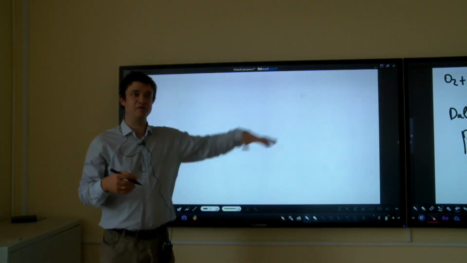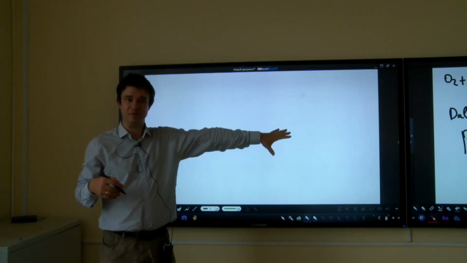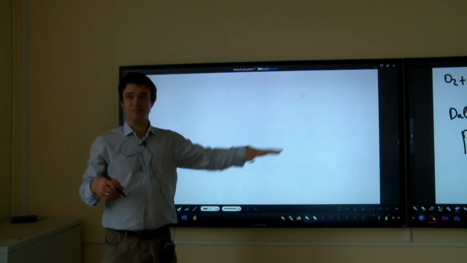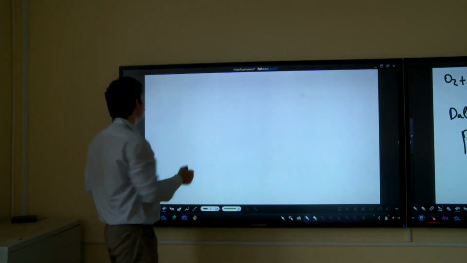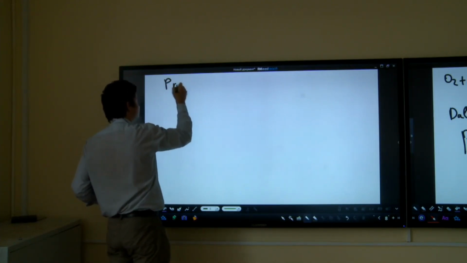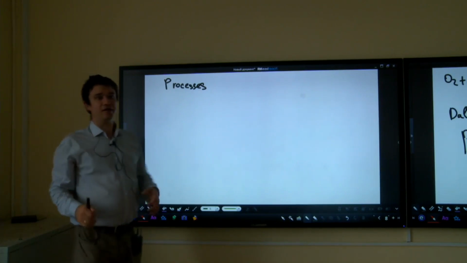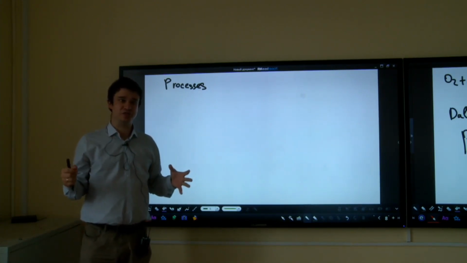So before, we have spoken only about the thermodynamic equilibrium state, which is reached after some time. But what we actually need is to describe a process, any process, the change of conditions of the gas.